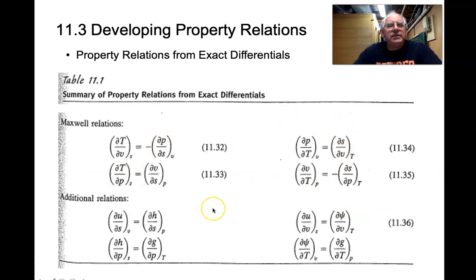And so what this allows us to do is establish tables for some of the thermodynamic properties such as entropy, internal energy, enthalpy, based on measurable quantities such as temperature, pressure, volume, and possibly the Cp relationships.